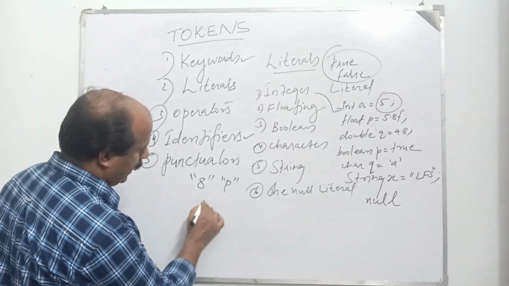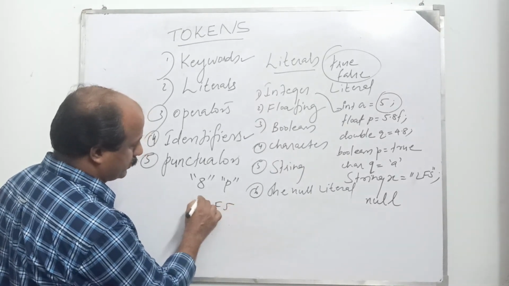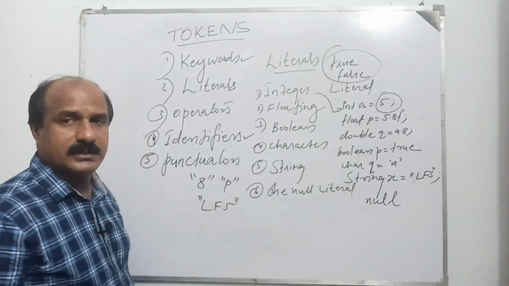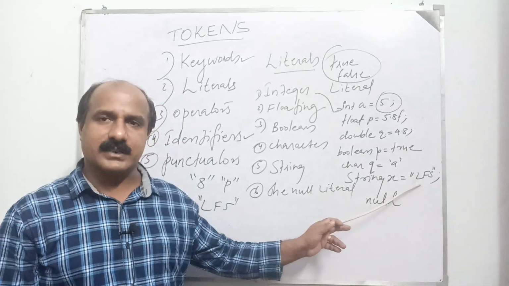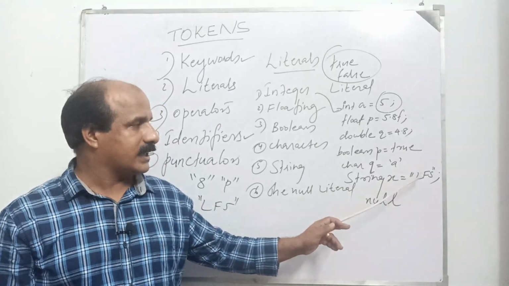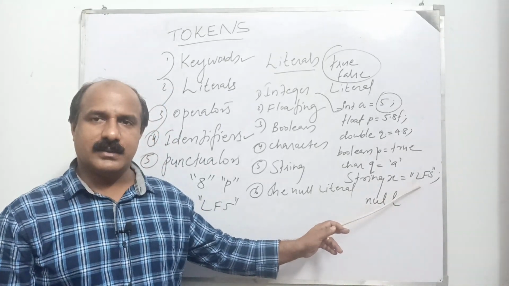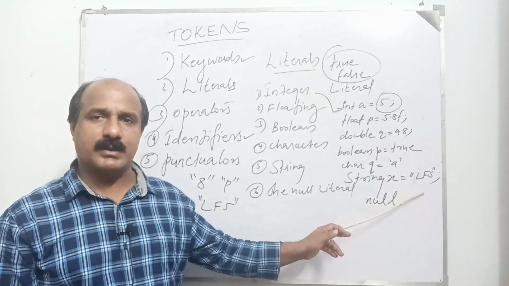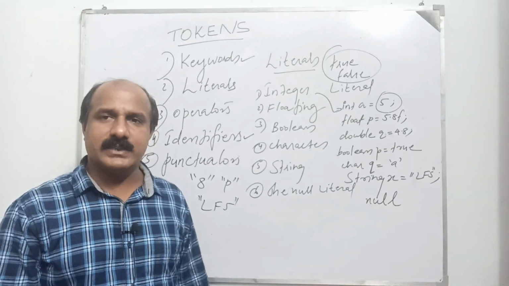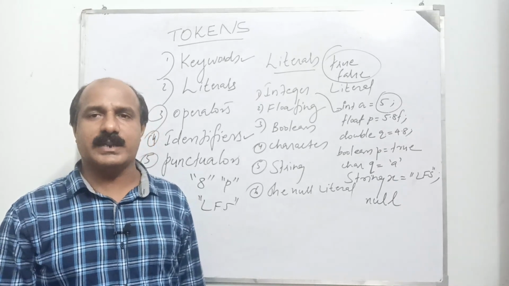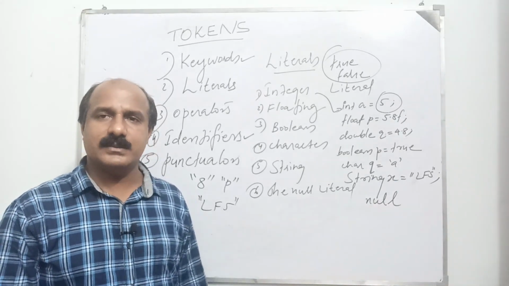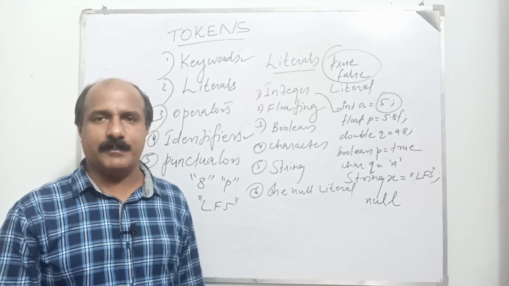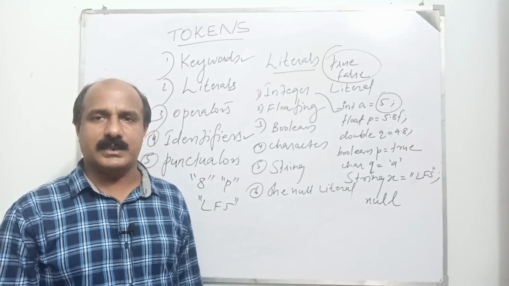Suppose you are writing LFS in double quotes, then it is a string constant. So string constant, otherwise string literal, means any number of characters which is enclosed in double quotes. Now there is the last literal, that is called a null literal. Null is a special character in Java, that is called a null literal.